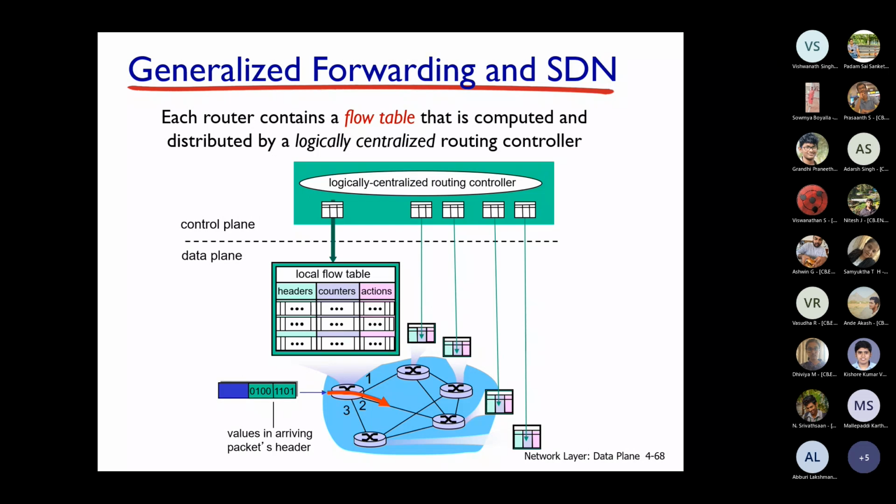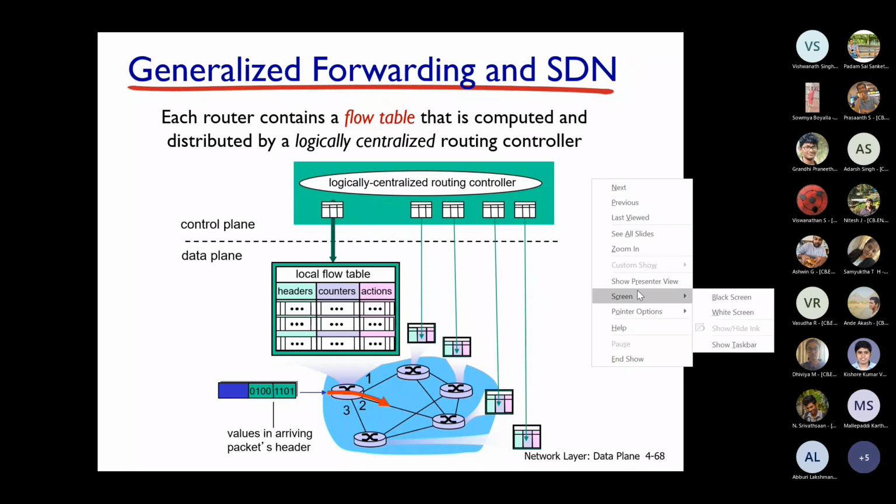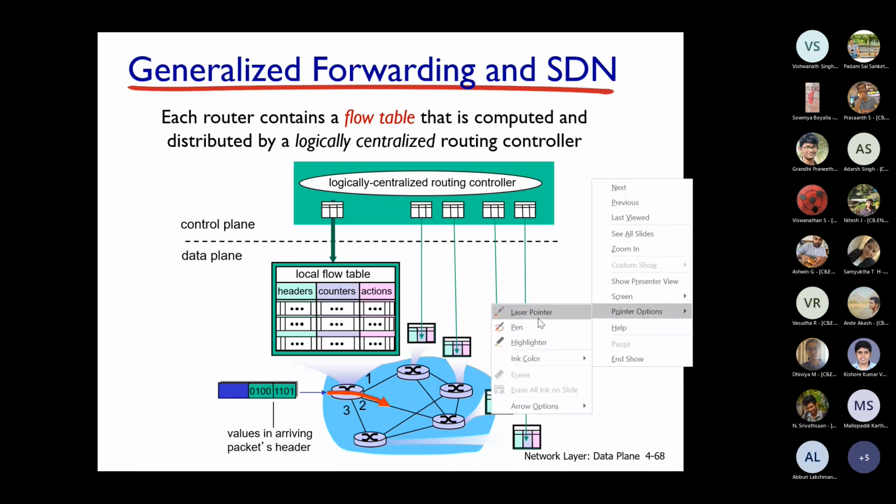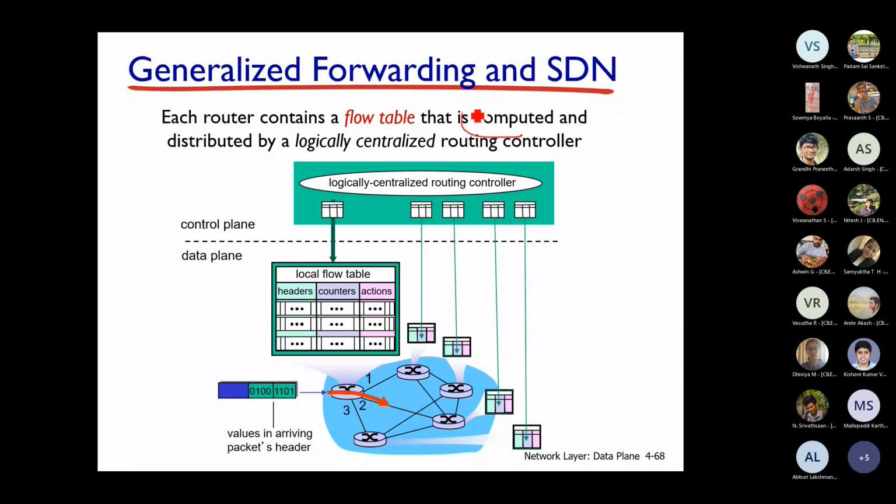Each router contains the flow table that is computed and distributed by a logically centralized routing controller. The meaning of computed and distributed, the meaning of computation, what actually it does, what computation it will perform. It's a routing algorithm.